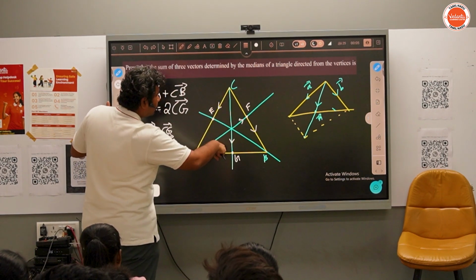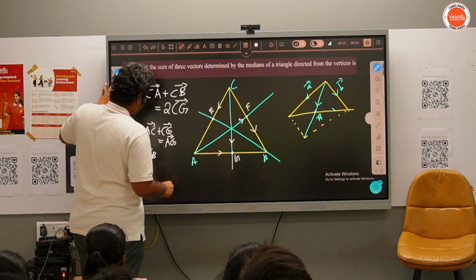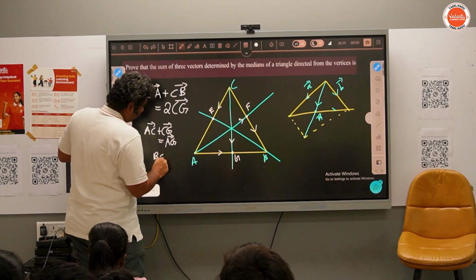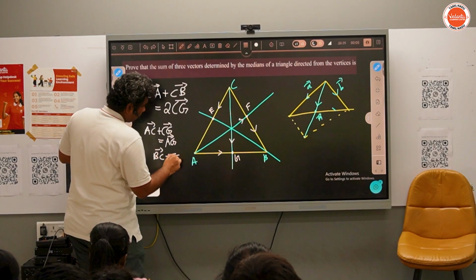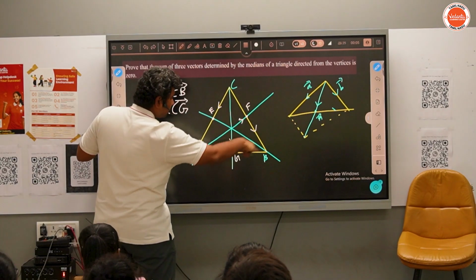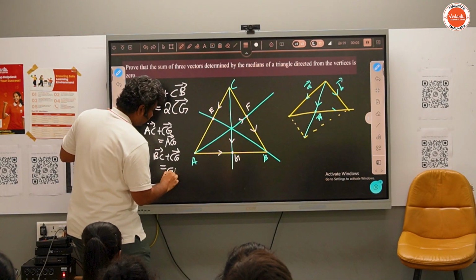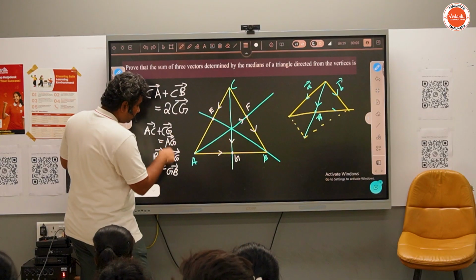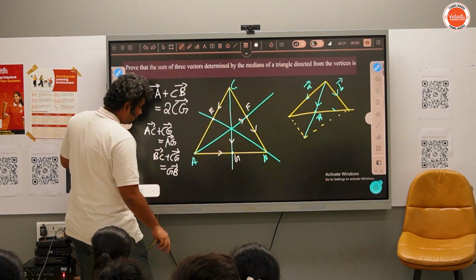BC vector plus CG vector, yes. BC plus CG is going to give me GB vector. So when we add both of them we get AB vector.